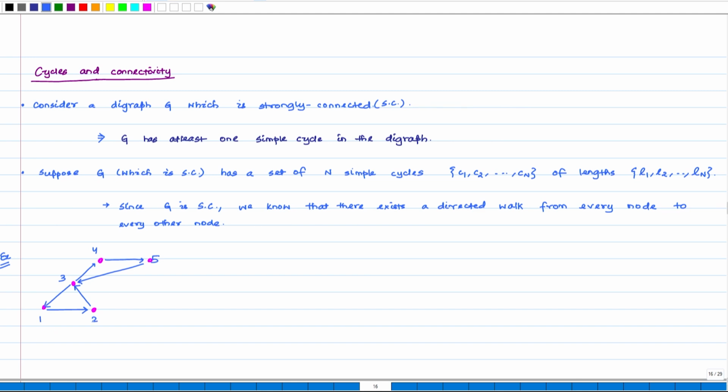Suppose we consider this digraph now. What is the number of simple cycles here? As we can see, there are two simple cycles. One is this and the other one is this. So, let us write down what the cycles are.